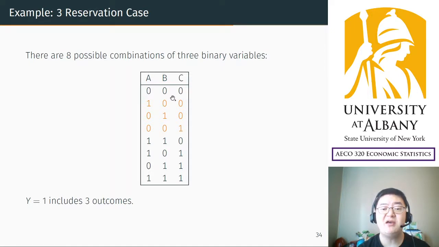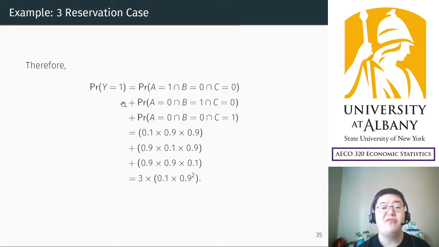Simply speaking, one reservation is cancelled, and it could be A, or B, or C. So there are three possible outcomes, easy to count. Then the probability that only one reservation is cancelled equals the sum of the probabilities of the three outcomes.